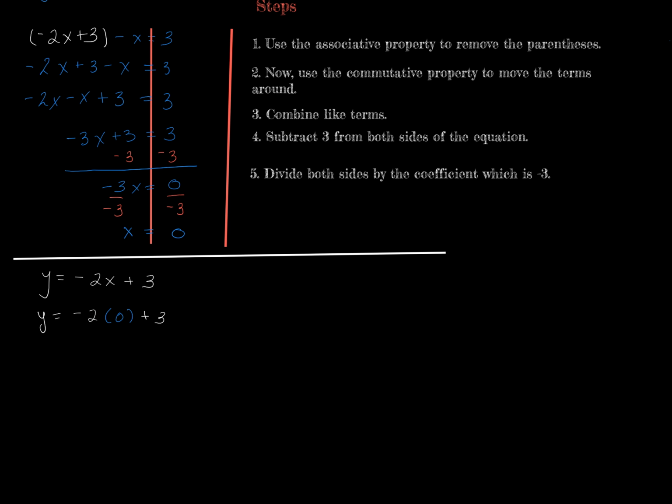So when you substitute x for 0, we get y equals -2 times 0 plus 3. So -2 times 0 gives you 0, which then gives us y equals 0 plus 3. Therefore, the y-coordinate is equal to 3. Your answer is the point (0, 3).